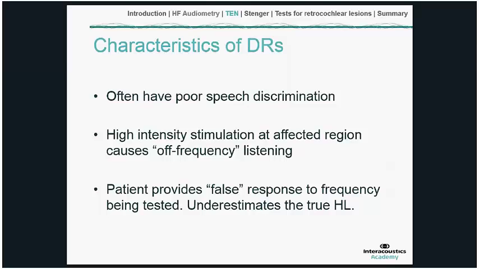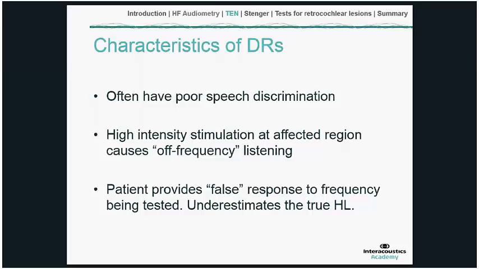And the reason why a dead region can't be differentiated using the pure tone audiogram alone is because of this concept of off-frequency listening. This is the circumstance whereby mechanical activity on the basilar membrane causes vibrations at a particular characteristic frequency, so a particular zone on the basilar membrane.